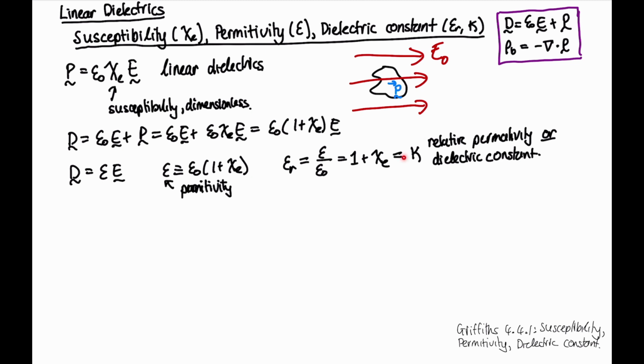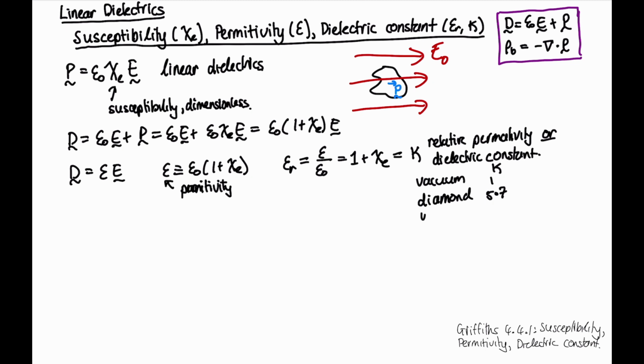So to give you an idea of the size of these dielectric constants, I mean, you can look them up, but for a vacuum, we've got the permittivity of free space is just epsilon naught. And so in that case, kappa is 1. So for a vacuum, we've got kappa is equal to 1. For diamond, we've got a dielectric constant of 5.7.